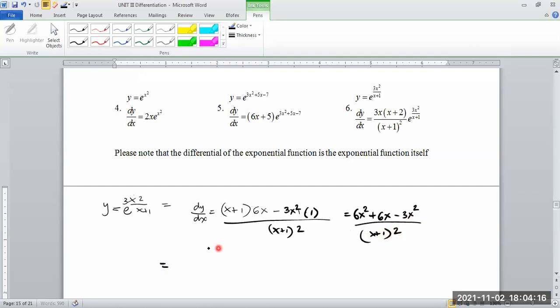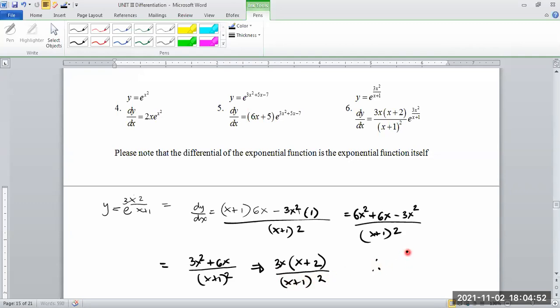That works out to be 3x squared plus 6x all over x plus 1 all squared. And then in all of this, I can factor out a 3x. So that will be x plus 2 over x plus 1 all squared.